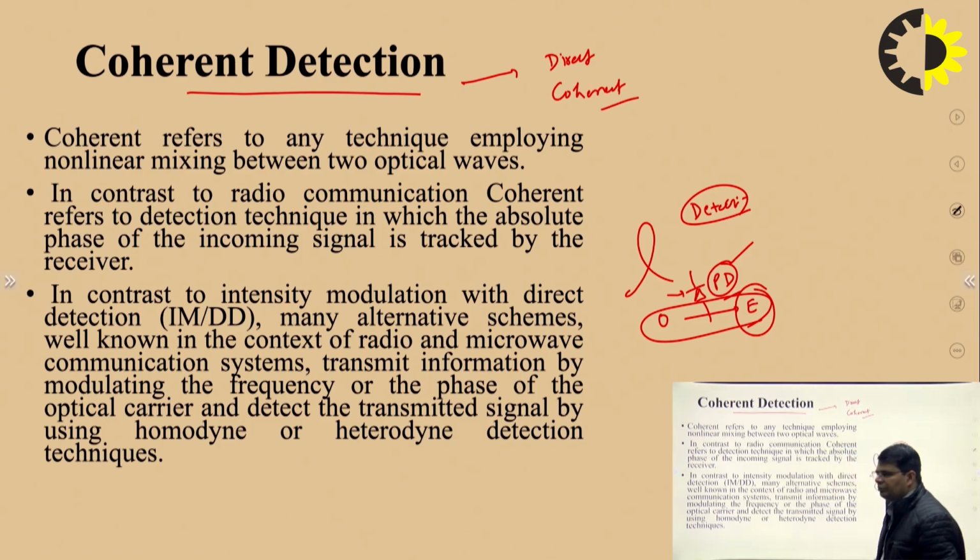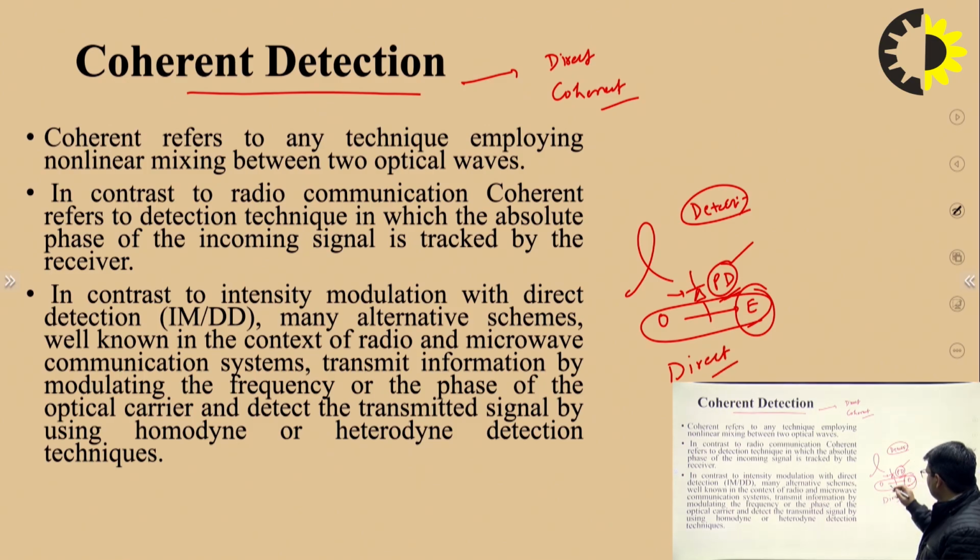As is clear from the name, direct detection means the received optical signal is directly incident over this photodiode or photodetector without any change. That means the diagram that I have drawn here is the direct detection.